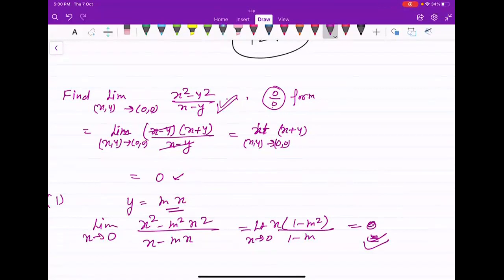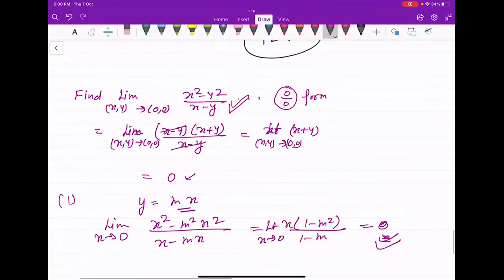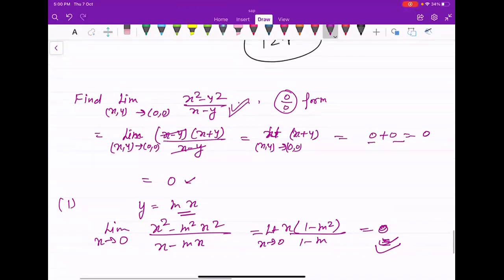So what you have to do in this, the x will also get cut now, so we'll get only a constant value of m. So here you are getting x plus y and now you are putting the value 0 plus 0. It is coming out to be 0. Okay, but here I told you whenever we are applying the two-path test, there will exist two cases. One is that the limit will depend on m and the other is that the limit will not depend on m.